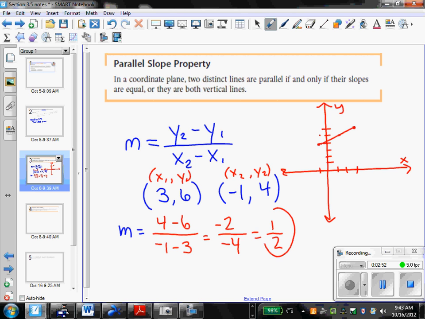So if I'm looking at this number, that means I move up 1 and I move right 2. And that's how you think about slope. It's the tilt of the line or the line segment that you are looking at.